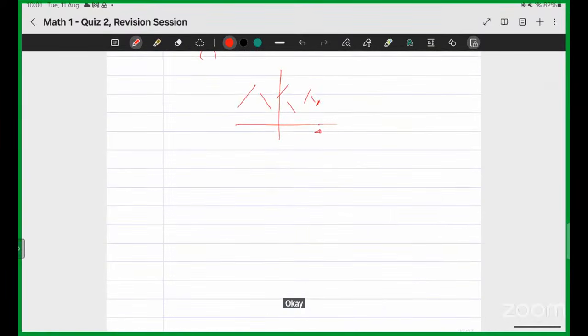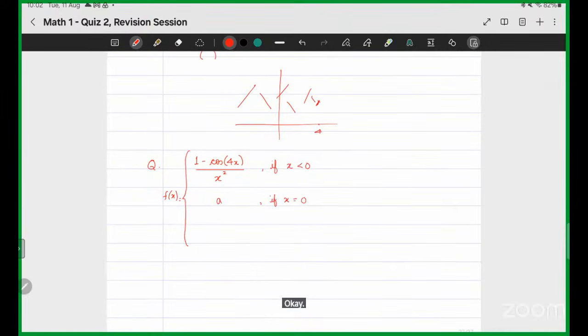Yeah, there is a question, sir, about continuity. There is 1 minus cos 4x, the whole thing divided by x squared, if x is less than 0. In the second line, a, if x is equal to 0.